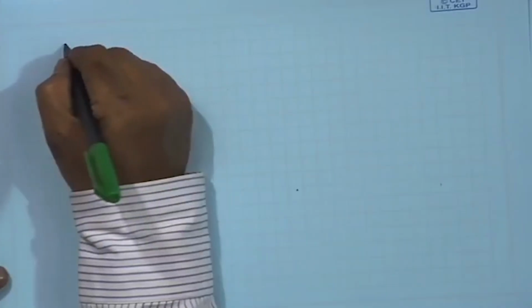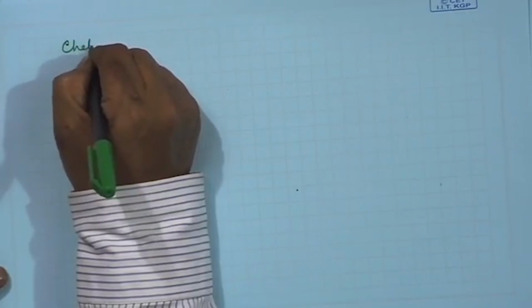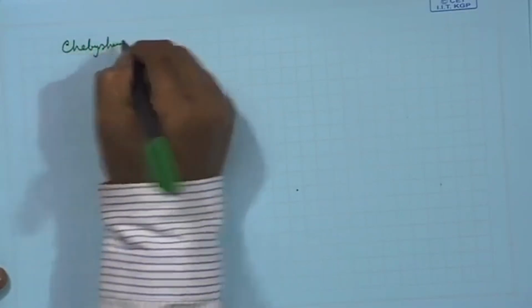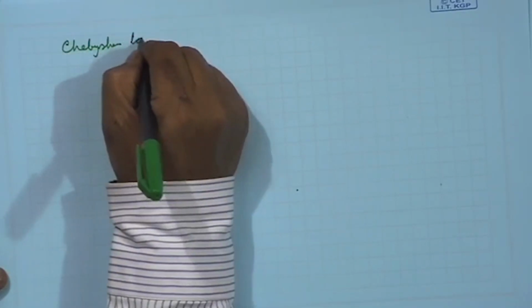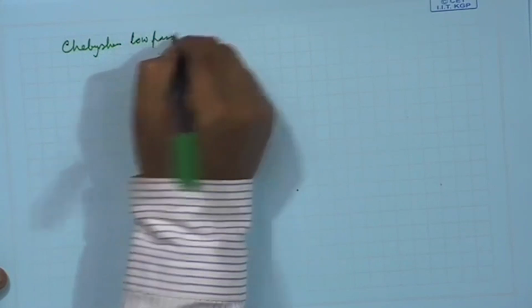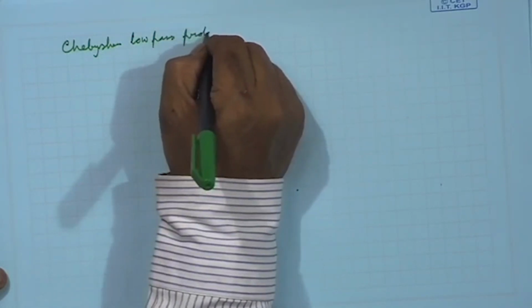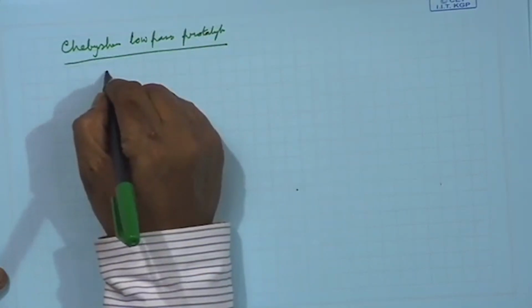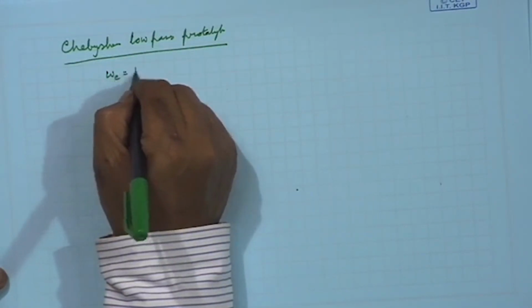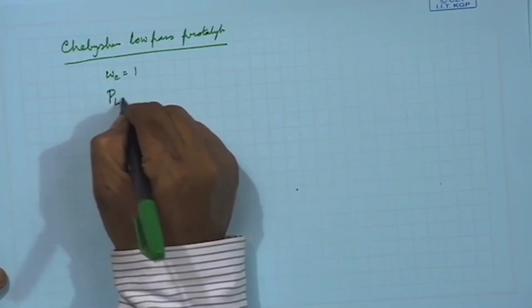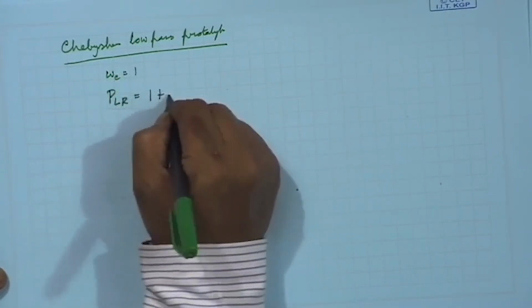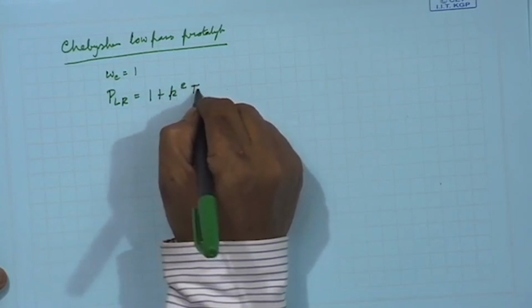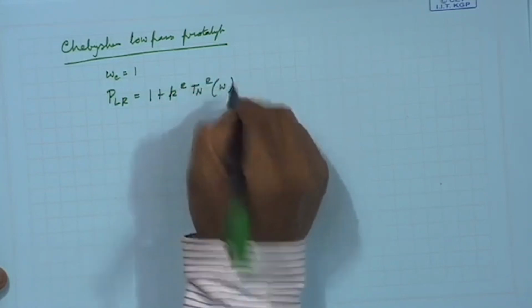So, let me just briefly say this, Chebyshev low pass prototype. Again omega c is 1, only thing is the PLR is now 1 plus k square T n square omega.